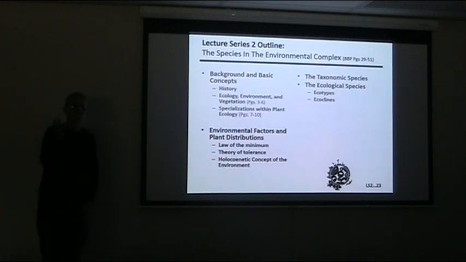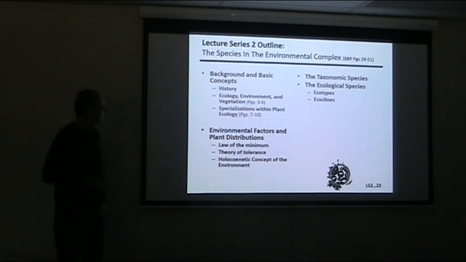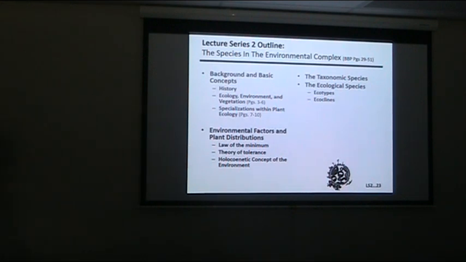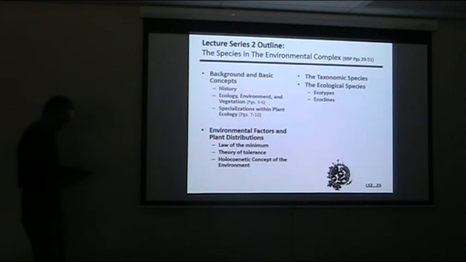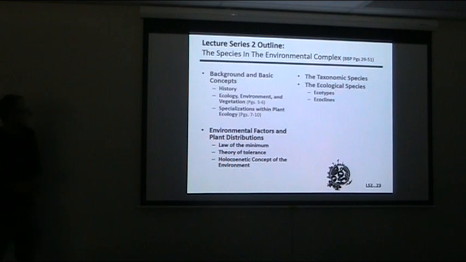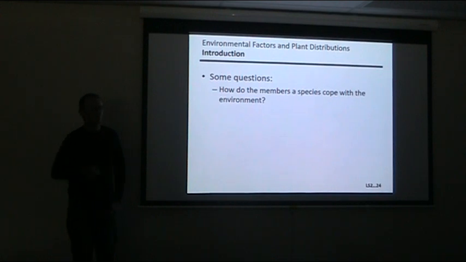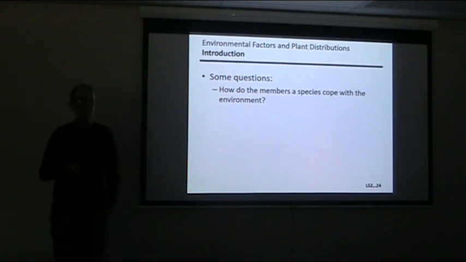Okay, so that was just some basic concepts, some basic history, a general introduction into ecology. And moving on to environmental factors and plant distributions, which is the next section. We've already asked this question, but it's one of the fundamentals when we deal with the environment. You want to know what prevents an individual plant from dying in an environment, or a population from dying in a given environment.